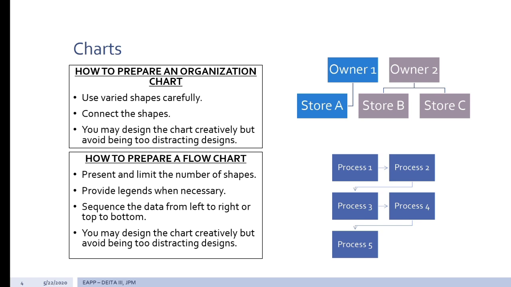Second, provide legends when necessary. There are times that a flow chart is somewhat difficult to understand, especially if we don't know the term or the process that it represents in that particular visual. So legends would be very necessary. Let's say, for example, if your chart would represent step 1 to 8, then you need to consider writing those legends: step 1, step 2, step 3.